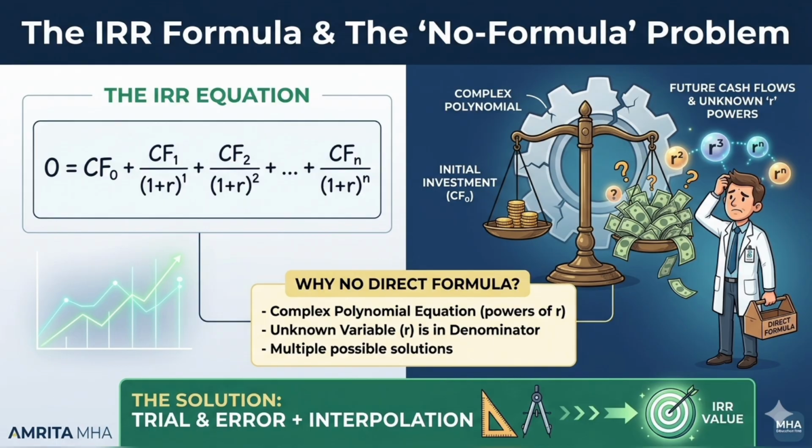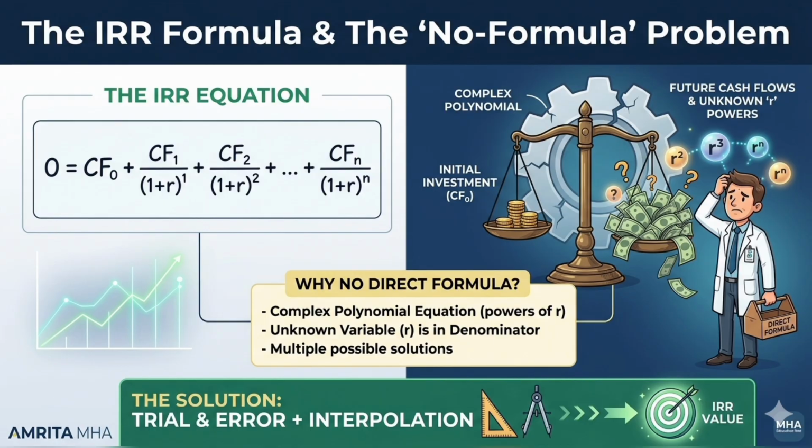Whenever the power increases due to an increase in project life, it becomes a polynomial equation. So for finding a 25 year IRR, we have to sum up, and before that we need to solve the polynomial equation for (a + b) raised to 25. Not only that, from this equation it is very difficult to separate the r alone. Here the unknown variable is in the denominator.